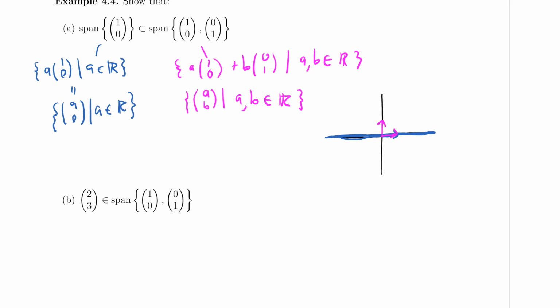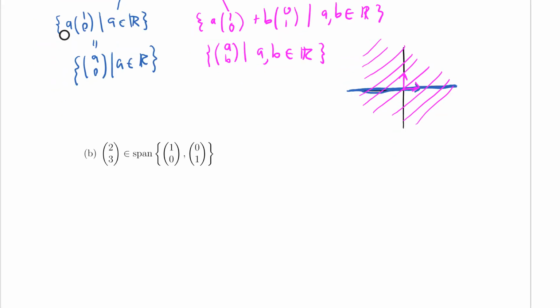These two vectors basically span the entire plane. And obviously the entire plane contains the line. So that's why the span of (1, 0) is a subset. Well, it's actually a subspace because both of these are vector spaces. So the span of (1, 0) is a subset of the span of (1, 0) and (0, 1).